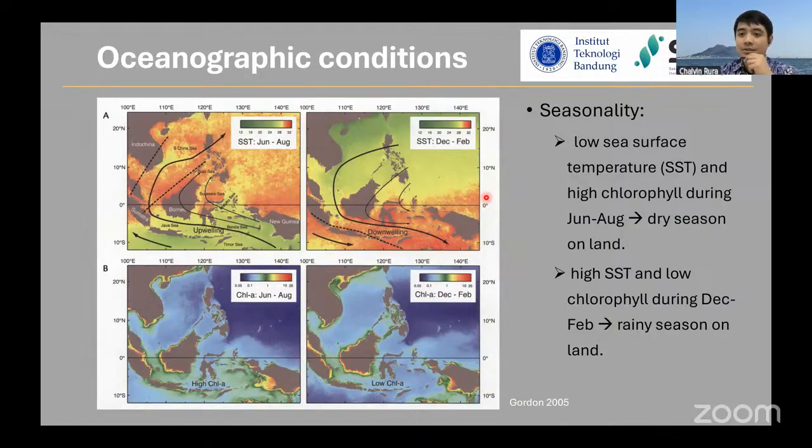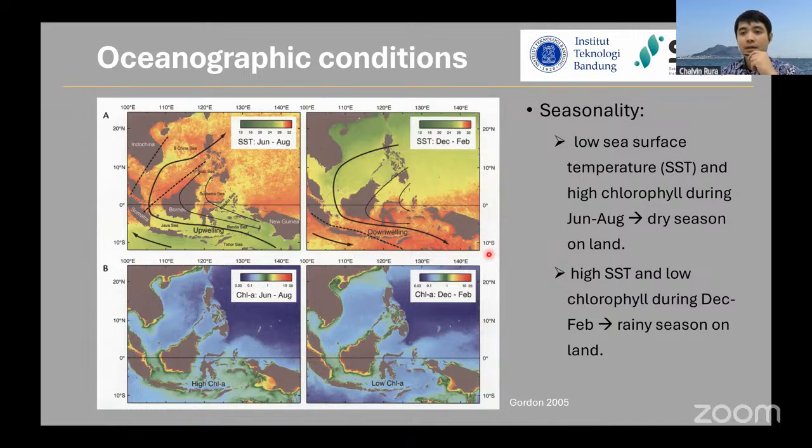It will also affect Indonesia. The north side of Indonesia will become much colder, and the south part of Indonesia will be warmer. This causes a downwelling, and the currents will change, particularly for this sea area.